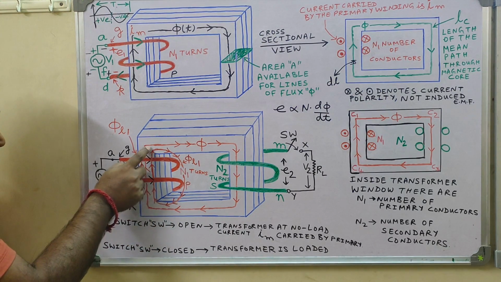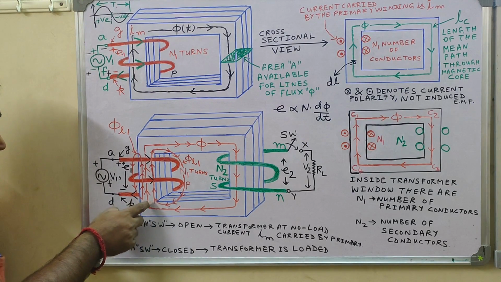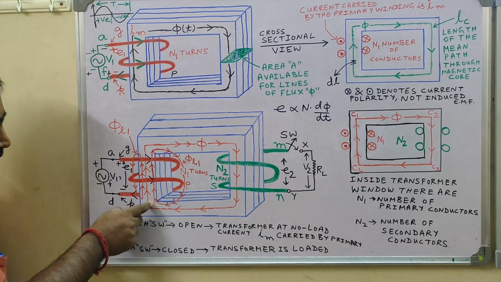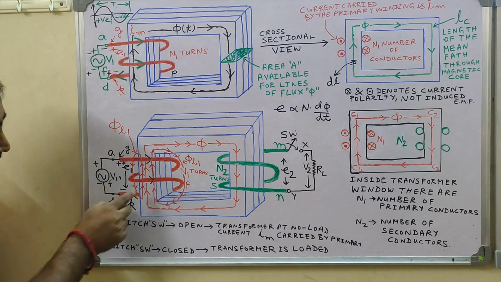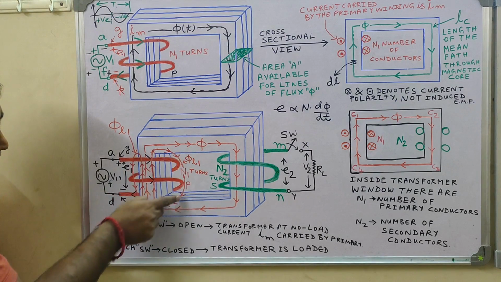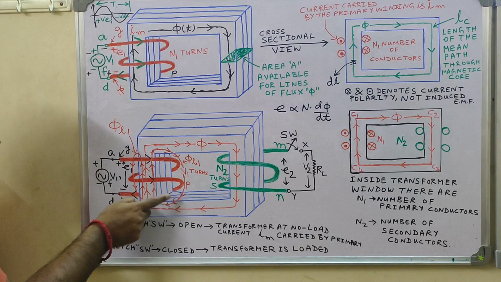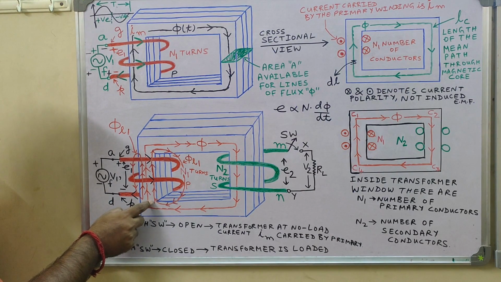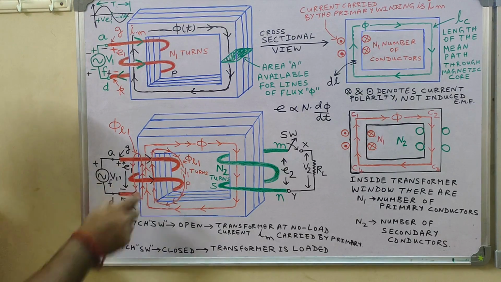Although this much portion is passing through the limb of the transformer, the argument is that this portion of the transformer limb is going to offer a reluctance which is almost negligible compared to the reluctance offered by the air gap between these 2 points. This much air gap length is going to provide a reluctance which is much higher compared to the reluctance offered by this much portion of the iron of the transformer core.